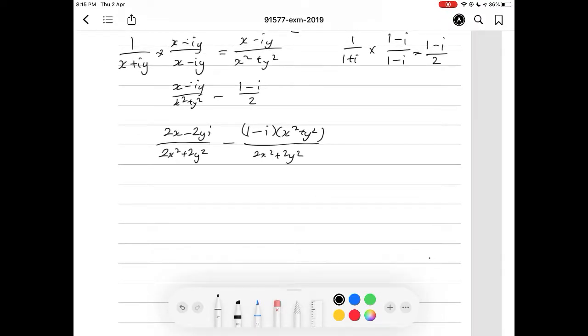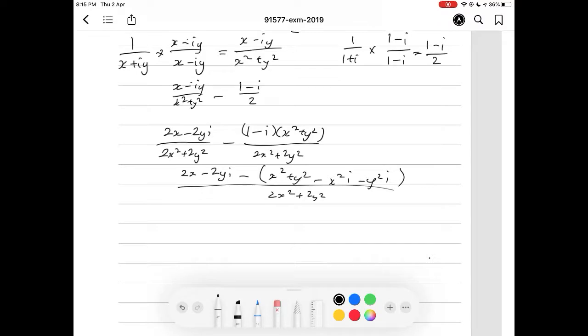Now if we expand this bracket, we have 2x minus 2yi minus x squared minus y squared minus x squared i minus y squared i, all over 2x squared plus 2y squared.